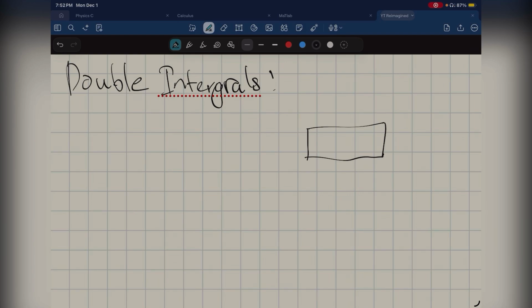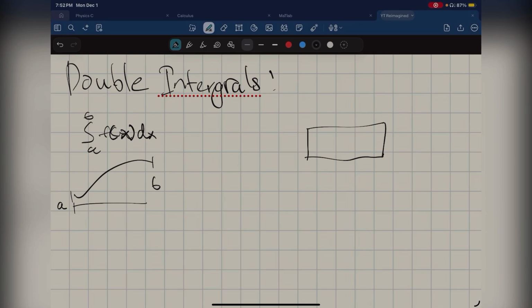In single variable calculus, when you're integrating from a constant to a constant, a to b of f of x dx, you are really finding the area underneath the curve from a to b. That's what an integral is.